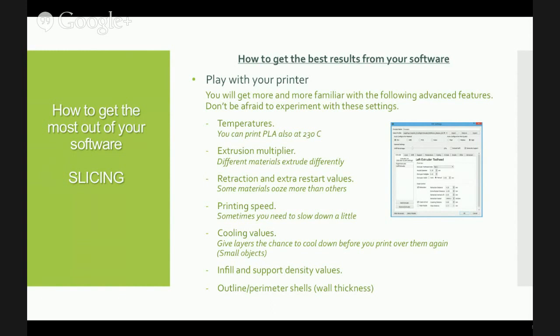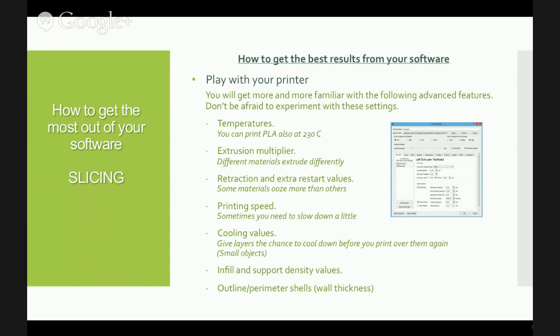Extrusion multiplier. Some materials ooze more than others, and different materials extrude differently. So try the extrusion multiplier. With the extrusion multiplier, you can dictate the printer to use more material or less material. And that also is dependent on your speed, type of material, and temperature.